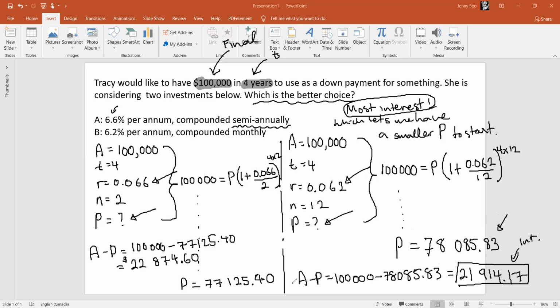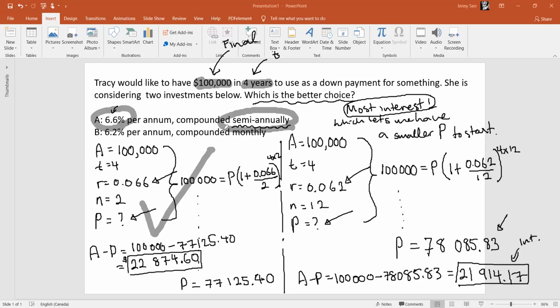Whereas plan A, you would earn almost $23,000 in interest. So between these two, which is the better choice for me? Well, clearly it would be option A, the one that is compounded less often but has a larger interest rate.